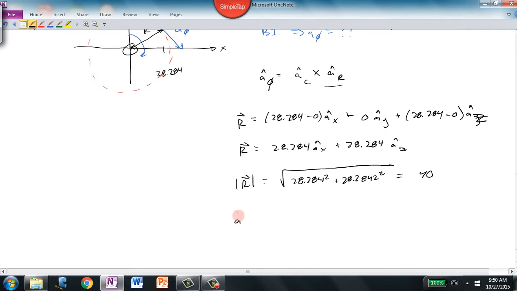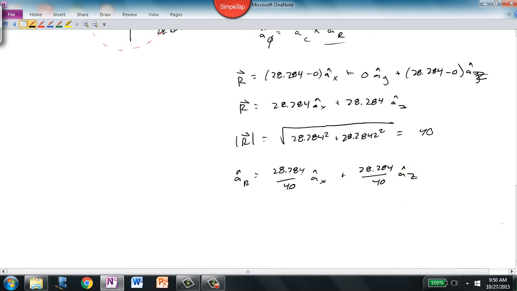And so a hat r is 28.284 over 40 pointing in the x direction, plus 28.284 over 40 pointing in the z direction, which is 0.7071 a hat x plus 0.7071 a hat z.